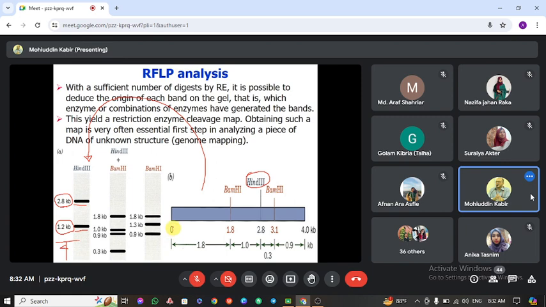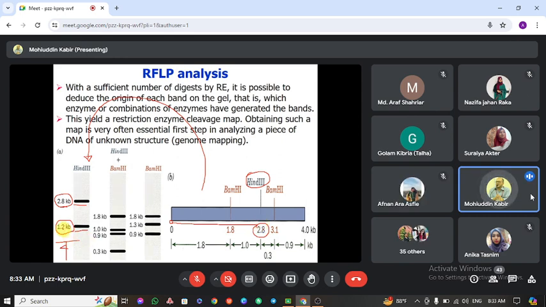That means from number 1, because 0 means nothing, it starts from number 1. From number 1 nucleotide to 2.8 kb nucleotide, the HindIII restriction site is present.